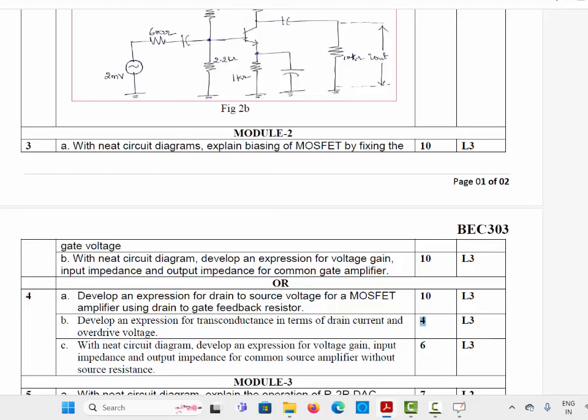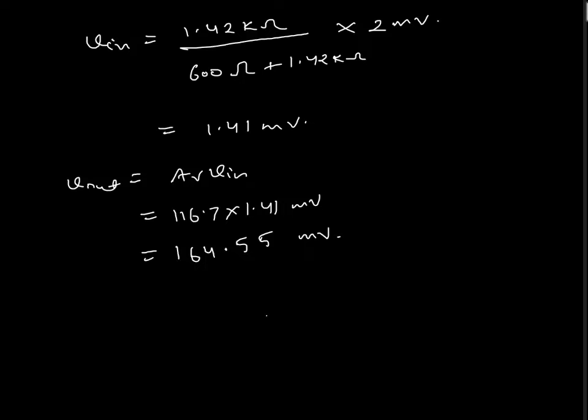So this is problem 4b. Here they're telling you to find the transconductance in terms of the drain current and the overdrive voltage. So we know that the transconductance gm equals Kn prime W by L VOV. Now, what is the value of ID?